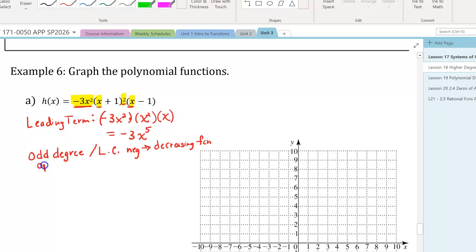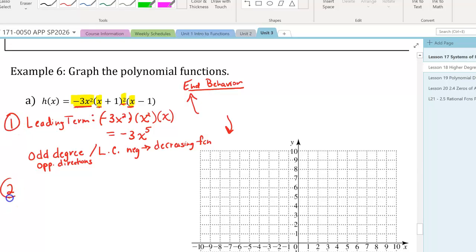So opposite directions and a decreasing function. So the end behavior is going to start high and go low. So that was step 1.